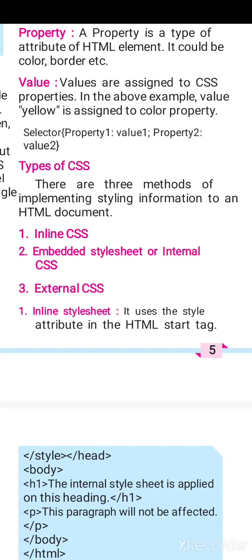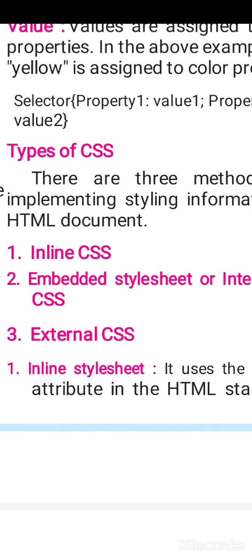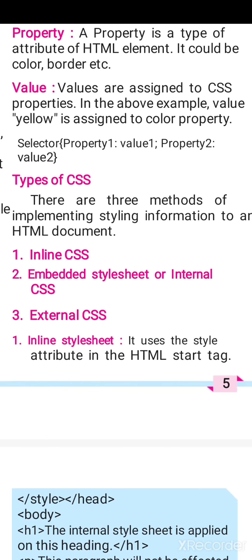So basically, in the syntax of selectors as well as the declaration block, it holds multiple properties with respective values. See here, the selector is given within curly braces or curly brackets, and multiple properties with respective values will be there.